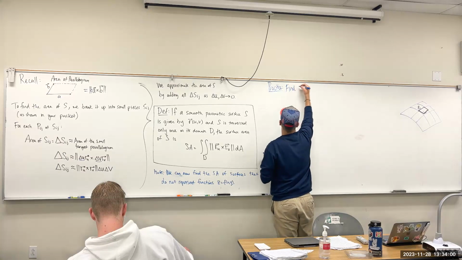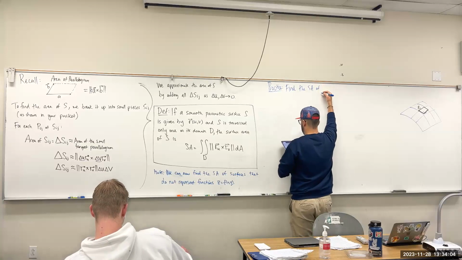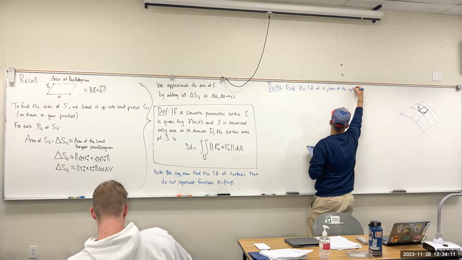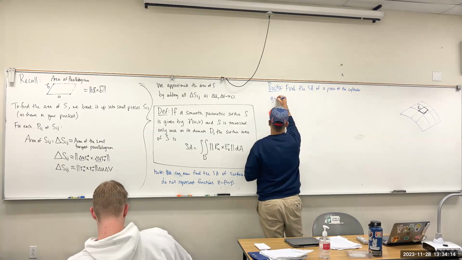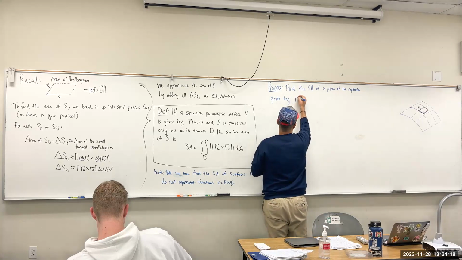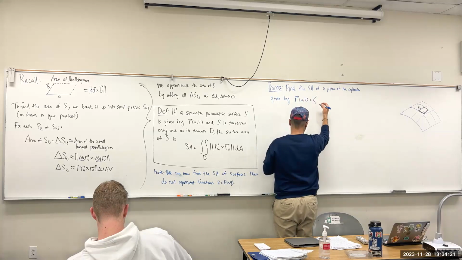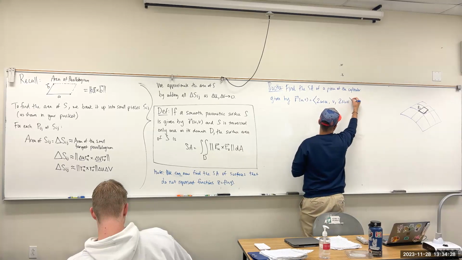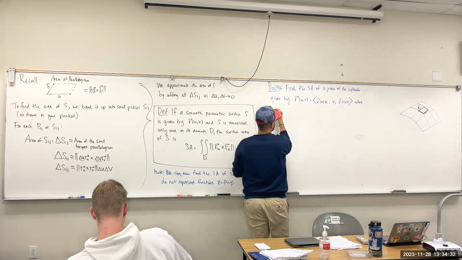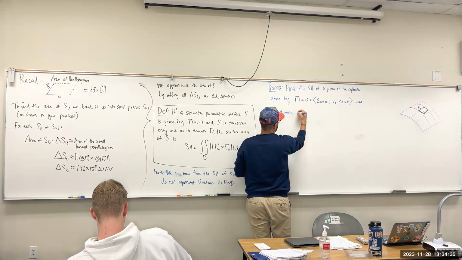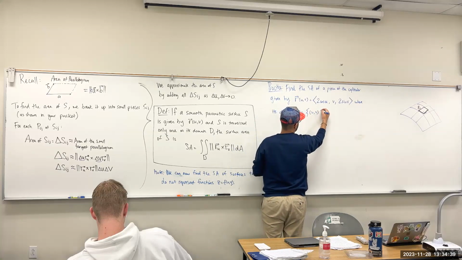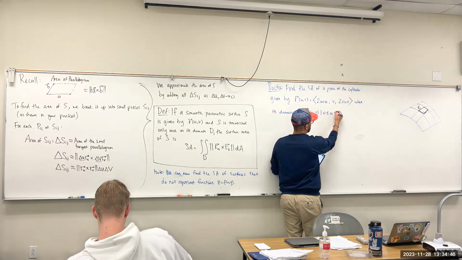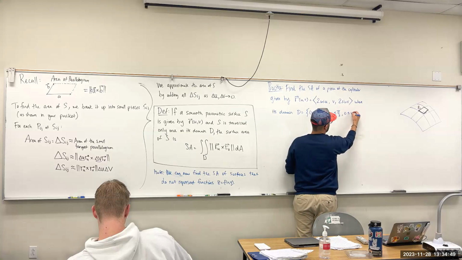So it says find the surface area of a piece of the cylinder given by R of UV is 2 cosine U, V, 2 sine U, where its domain includes only the points where U goes from 0 to pi over 2, and V goes from 0 to 3.